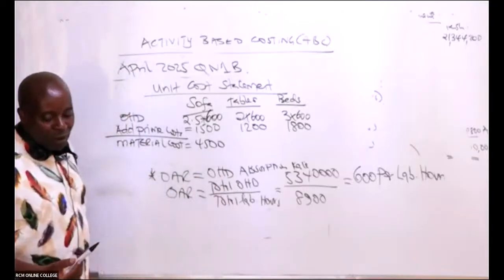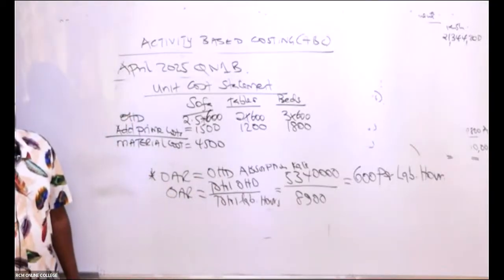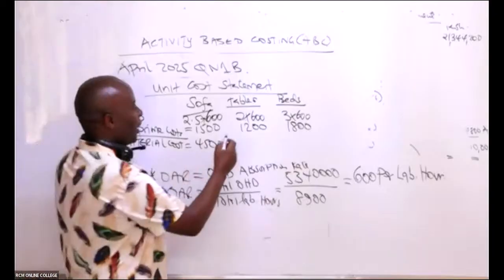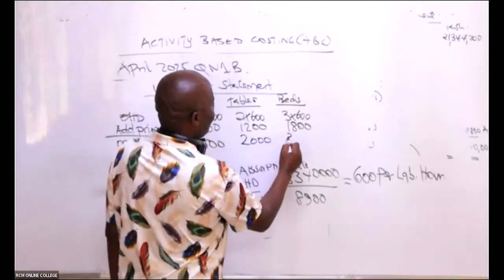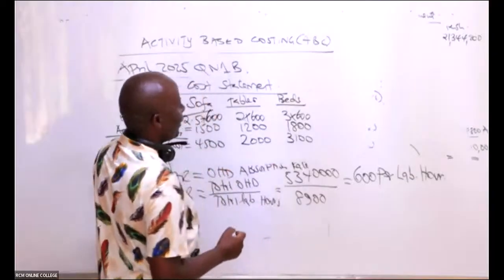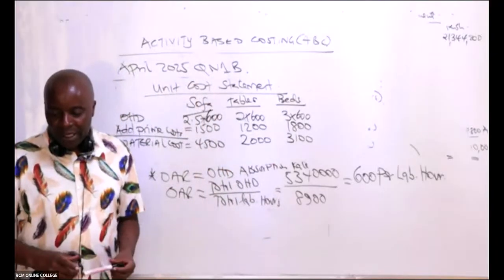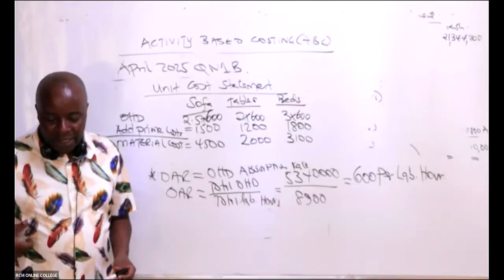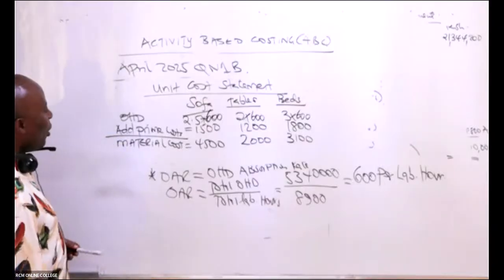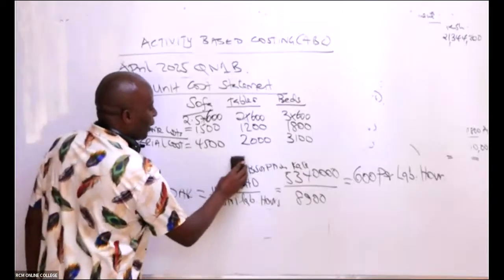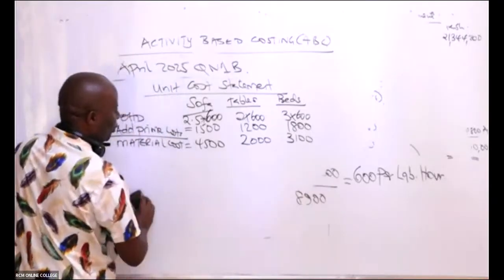How about one table? Tables will be 2,000, right? And then for beds, 3,100. So that is materials. How about labor cost? Are you able to see the labor cost, my good students?